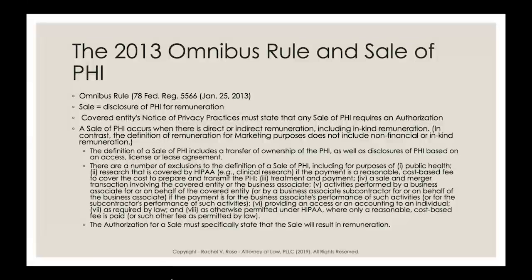So the Omnibus Rule, we have 78 Federal Register 5566, and that was published in January of 2013. We then have the effective date of March 2013, and then the date in September of 2013, what I call the required compliance date. So that's kind of how that strung along.